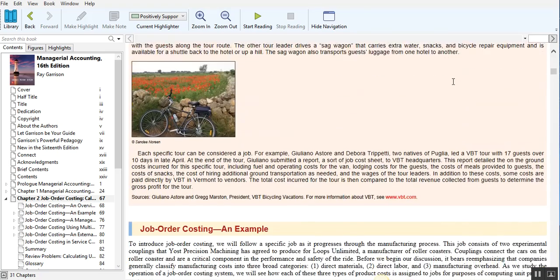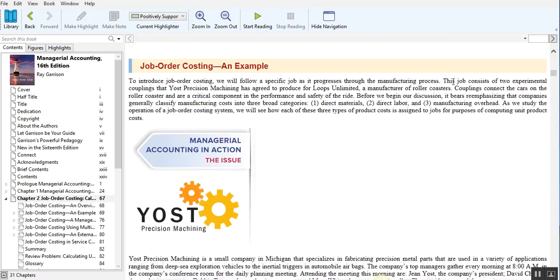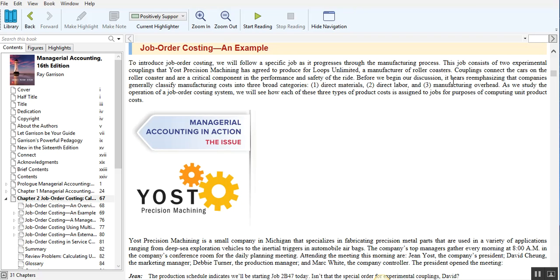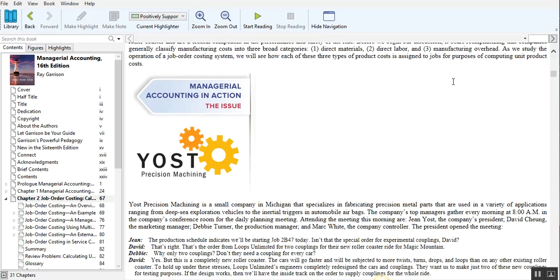Now, when we're talking about jobs, we're talking about a product or a line of products. And so we're not necessarily looking at a one-off kind of a job, although it could be that. But most of the time, we're talking about what is required to get direct materials, direct labor, and manufacturing overhead costs assigned to a specific product or product line that we're working on.